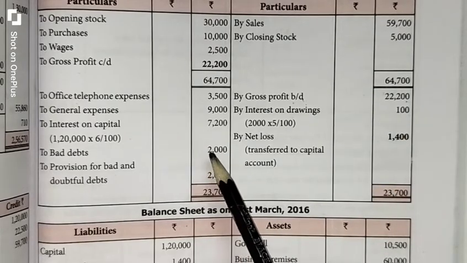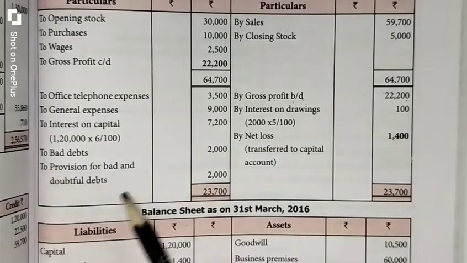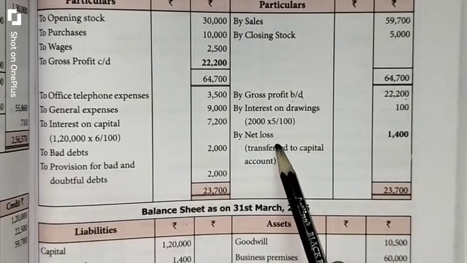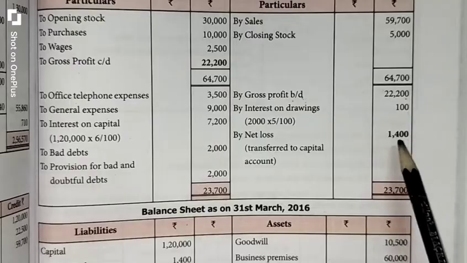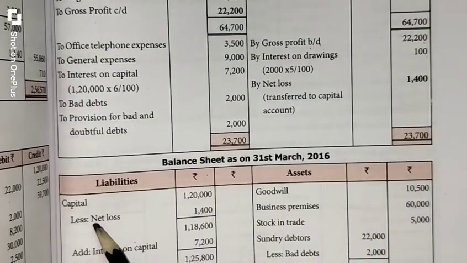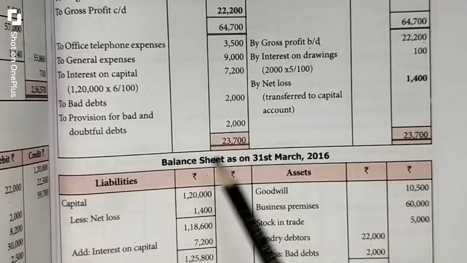So all the information related to the profit and loss account we entered here. We will get a loss of 1,400. That 1,400 net loss we have to transfer to the capital account.